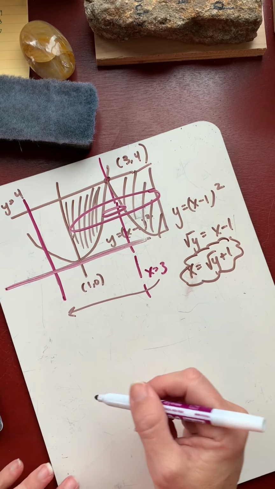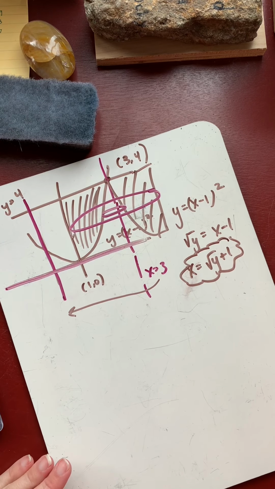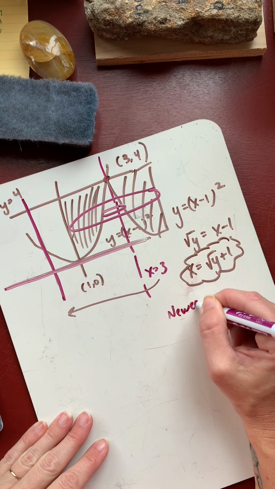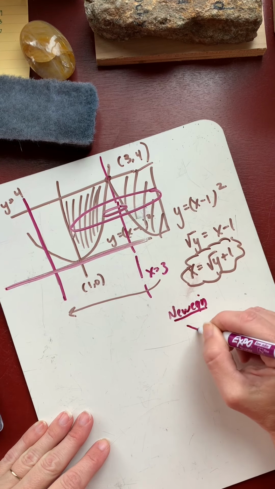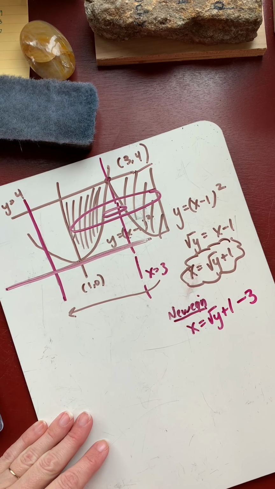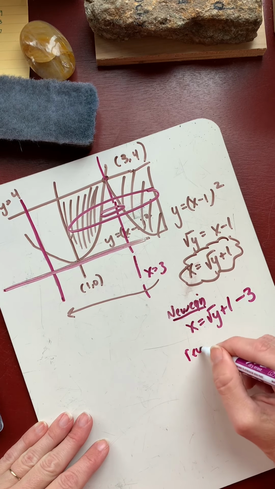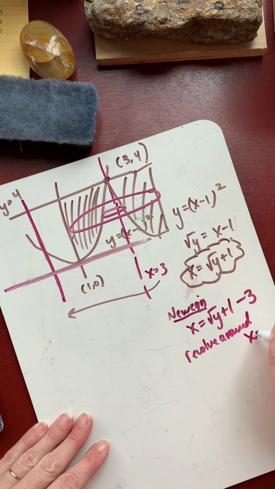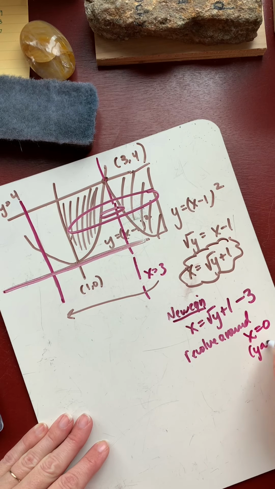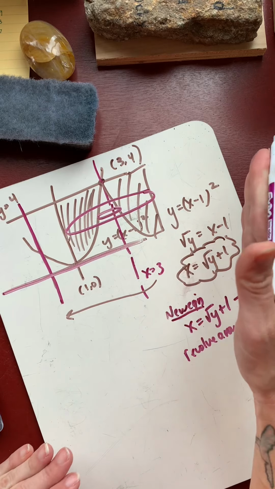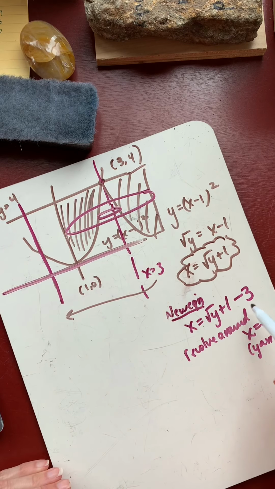So I don't really have to redraw this, I can just think that the new equation is going to be x equals the square root of y plus 1 minus 3. And I'm going to revolve around x equals 0, which is the y-axis, which also meant I subtracted 3. So I'm moving everything to the left 3, which I can do by subtracting that 3 once it's already in that form.